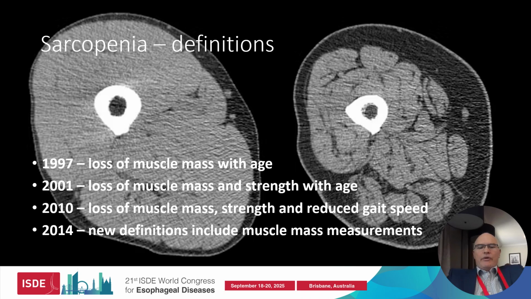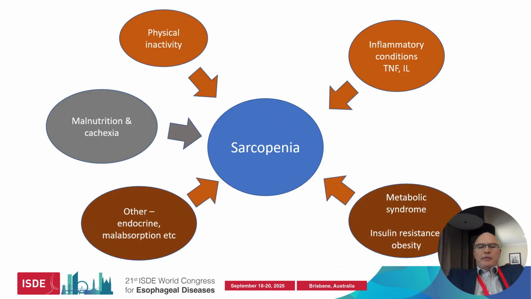And I don't want to over egg this, but it is an important issue. And it can be caused by a variety of things, including physical inactivity, malnutrition and cachexia, other malabsorptive or endocrine conditions, inflammatory disease, or metabolic syndrome and insulin resistance and obesity.